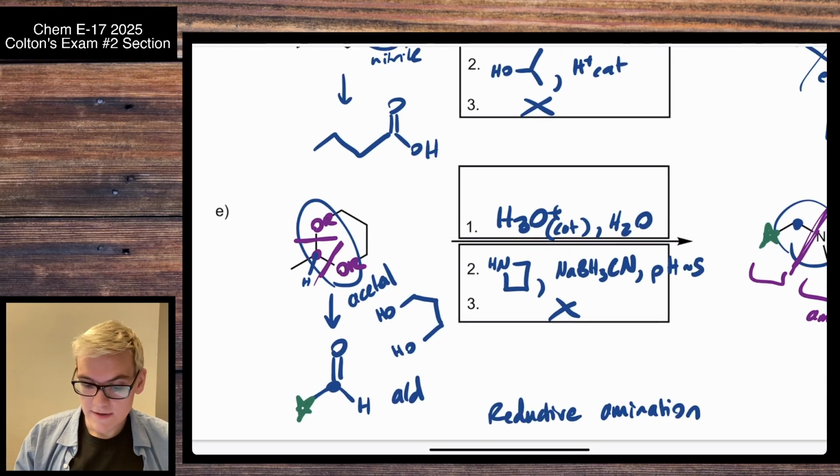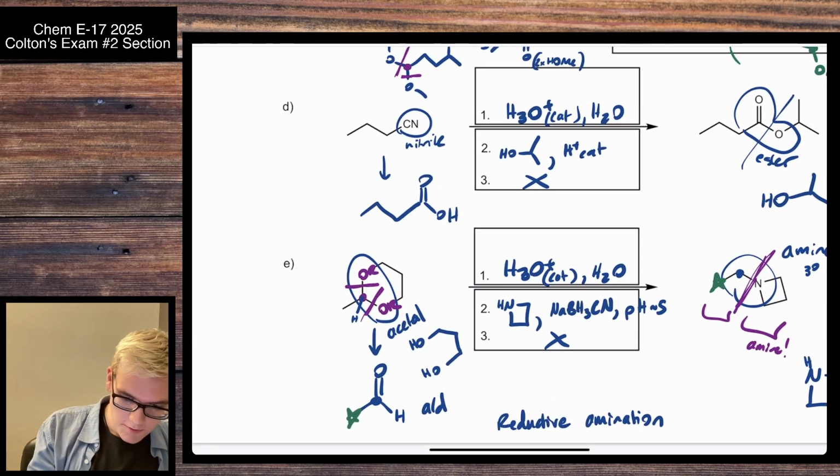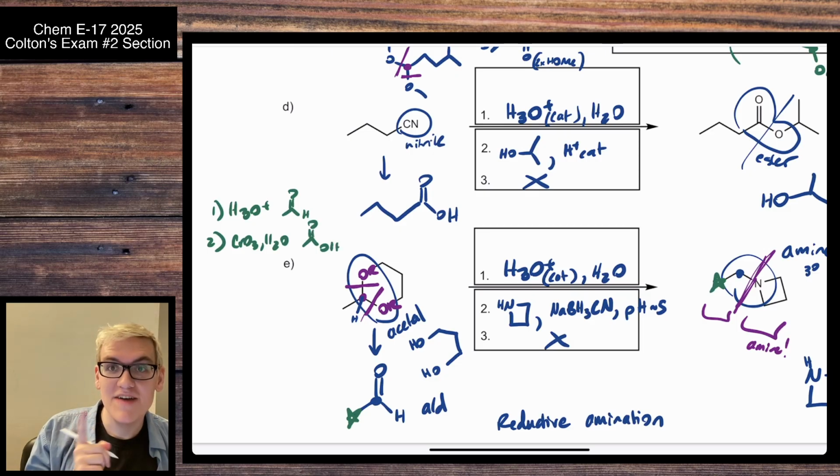So an alternate version that you could have done that would be totally accurate would be step 1, H3O plus, and that's going to get us to our aldehyde here. Step 2, we could have done CrO3 with H2O, got it to a carboxylic acid. Oh, you're totally right. It would need 5 steps.